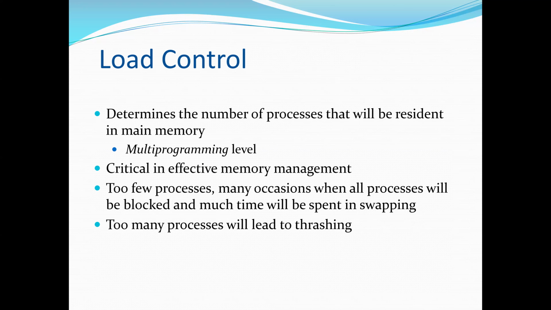If too few processes are resident at one time, then there will be many occasions when the processes are blocked and much time will be spent in swapping. On the other hand, if too many processes are resident, then on average, the size of the resident set of each process will be inadequate, and frequent faulting will occur. This can result in thrashing, which we discussed in our previous lecture.